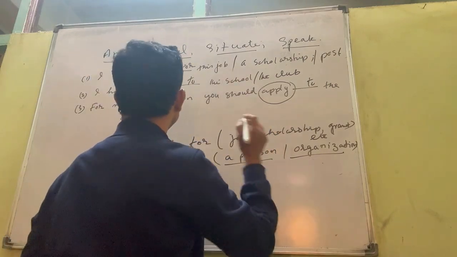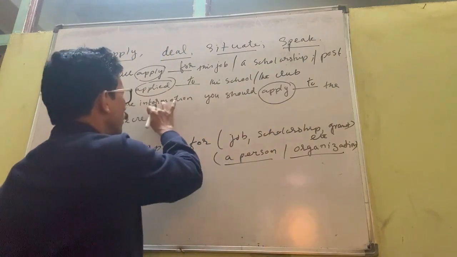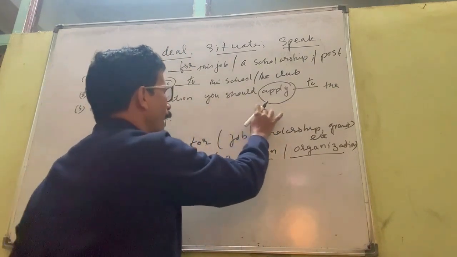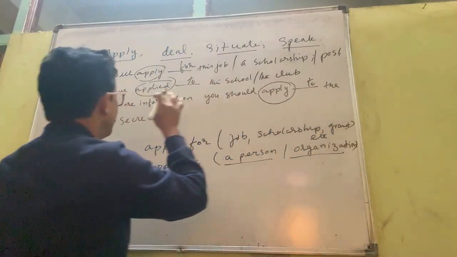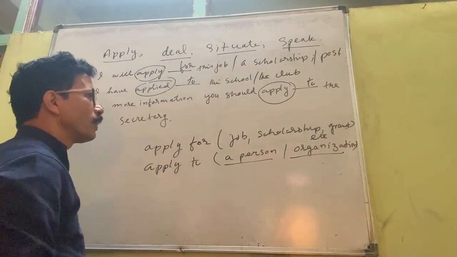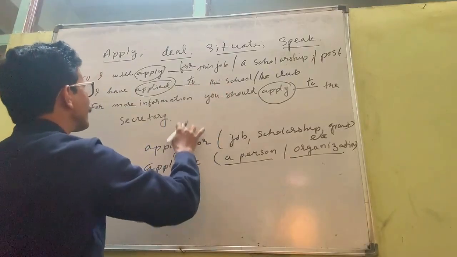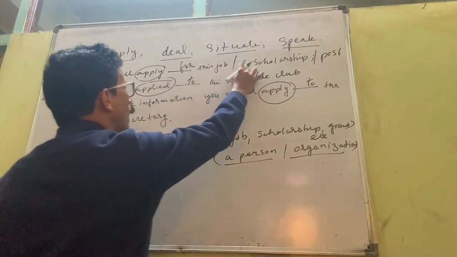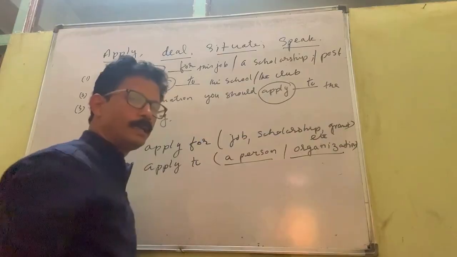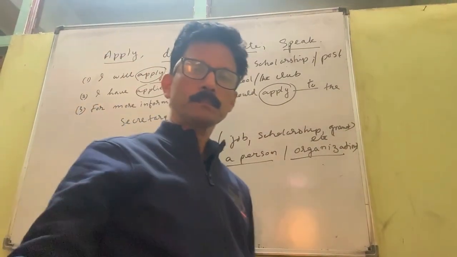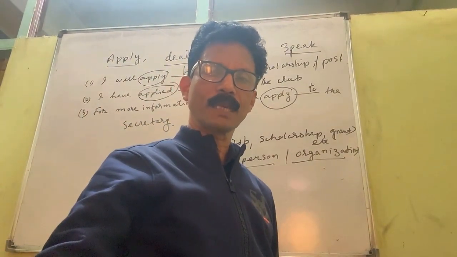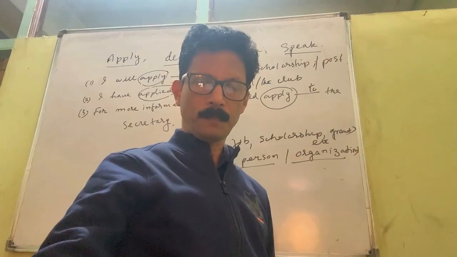Why apply to? Because it is a person. Why apply to here? Because it is an organization. Why apply for here? Because you have applied for something. This is the basic difference between apply to and apply for.